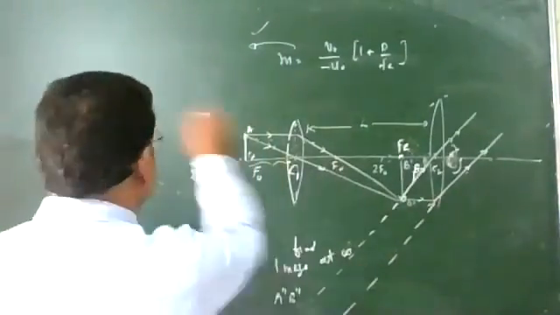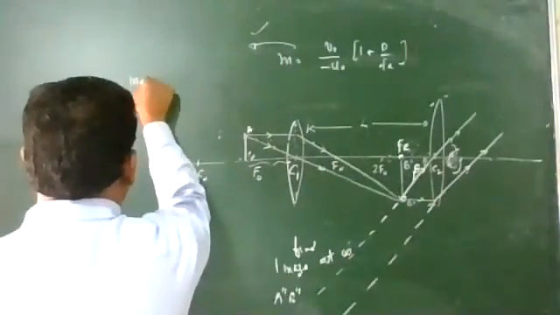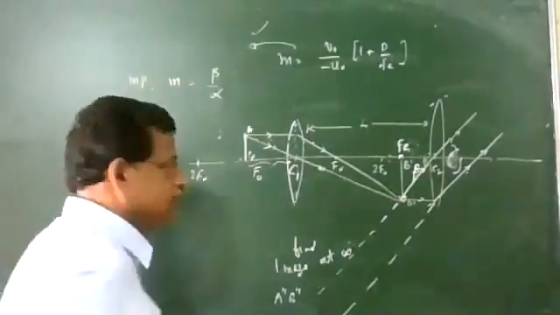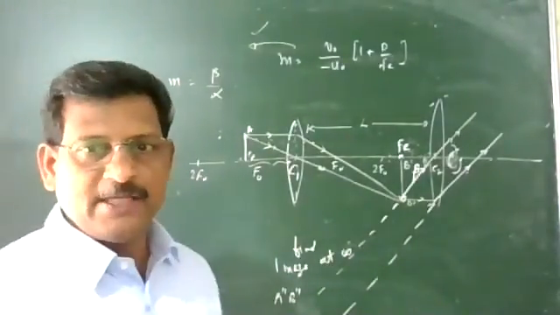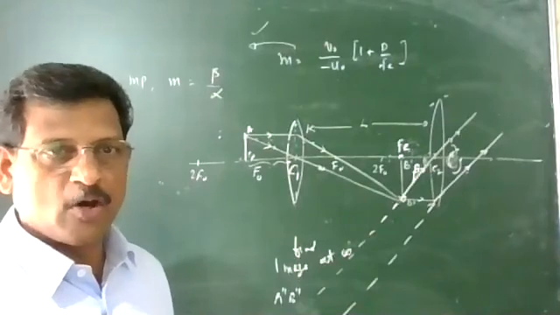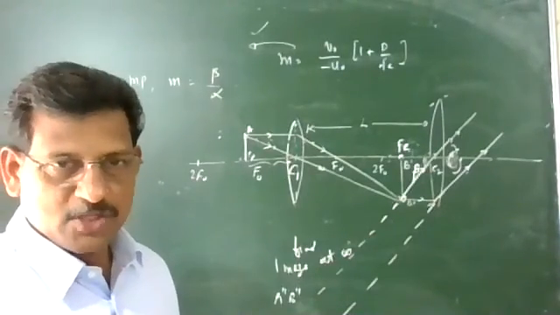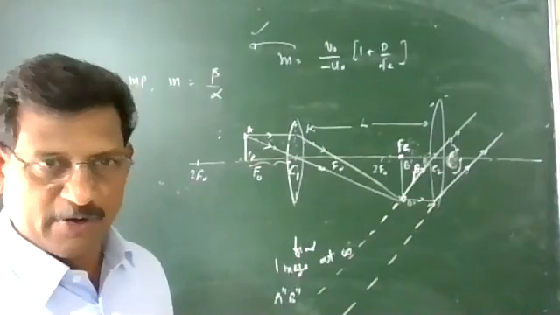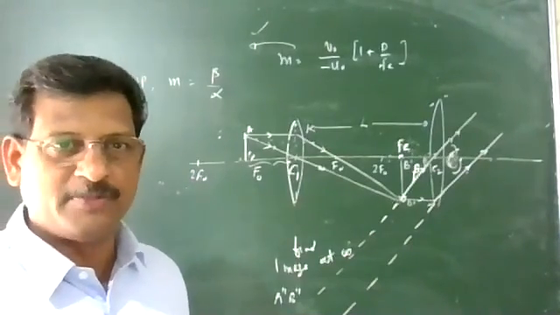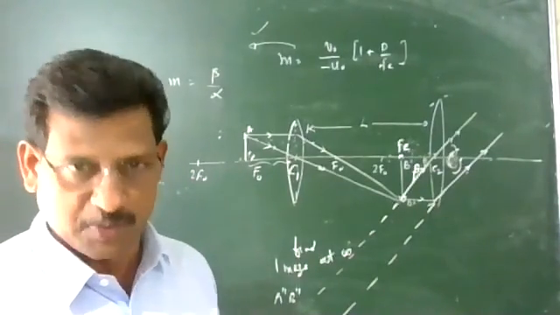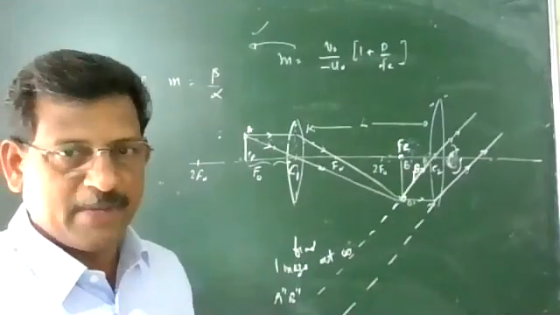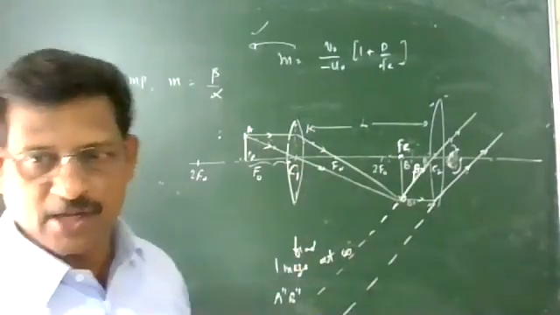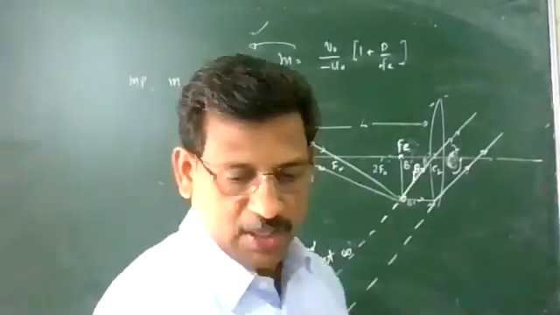So again, magnifying power in this case, M equal to beta by alpha. But here the image is at infinity, but the object is not at infinity. So it is the angle subtended by the final image at the eye when it is at infinity, to the angle subtended by the object when it is at the least distance of distinct vision. So for the object you have to make a separate diagram and combine the results, and we'll write the final equation. So that equation will continue next class.